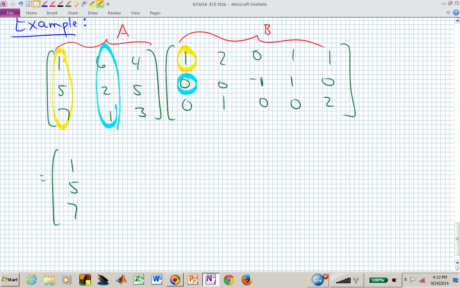The next entry is going to be 2 times 5, plus 5, or 15, and the last row will be 2 times 7, 14, plus 1 times 3, 14 plus 3 is 17. Meaning we now can write down 6, 15, 17 as the second column.